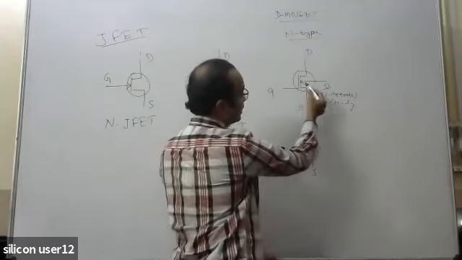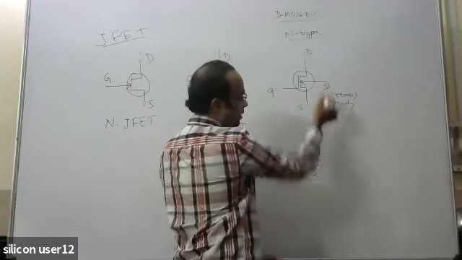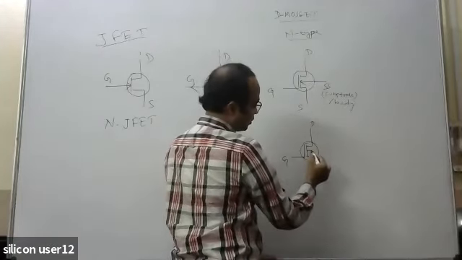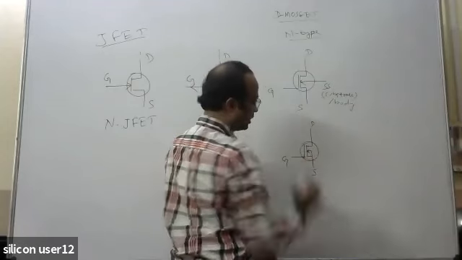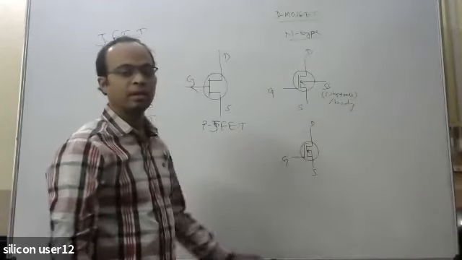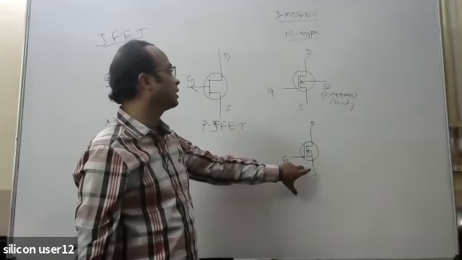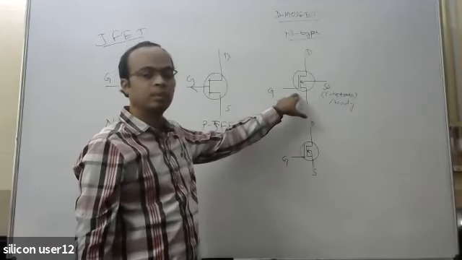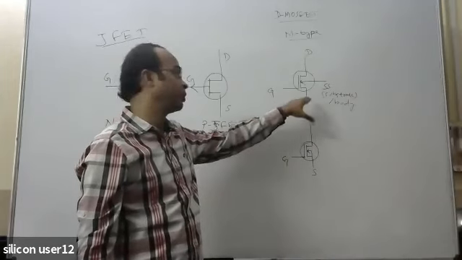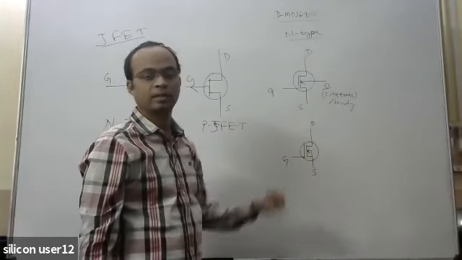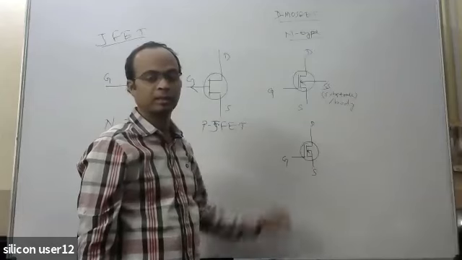Here the substrate is connected separately. Sometimes it is also drawn like this. This is also the symbol of the D MOSFET. Both are the same; it may be drawn like this or like that.